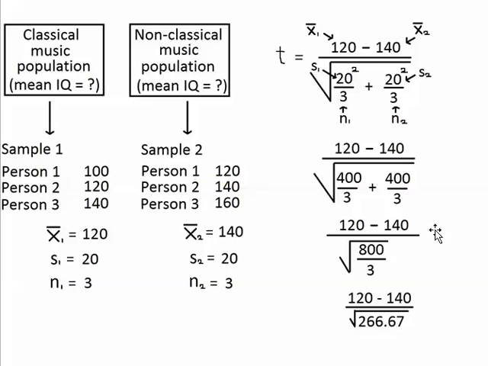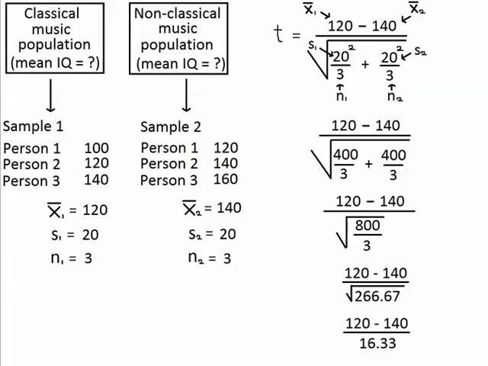Now I can divide the fraction under the square root sign. 800 divided by 3 is this right here. Now I just have one number under my square root sign.